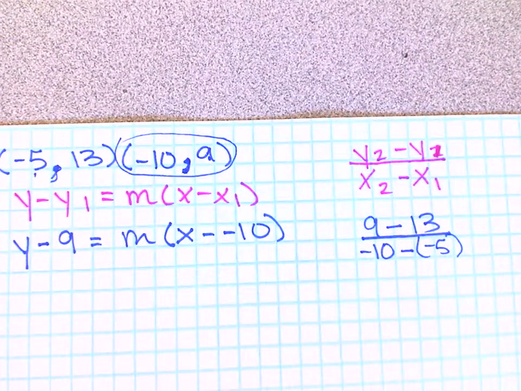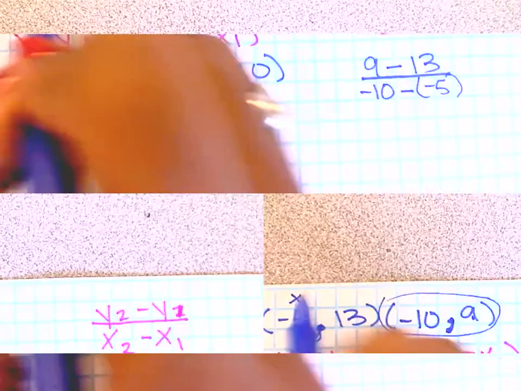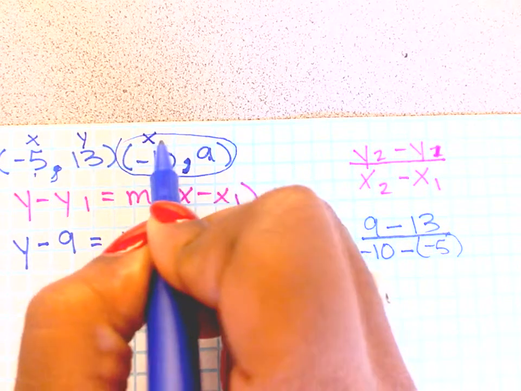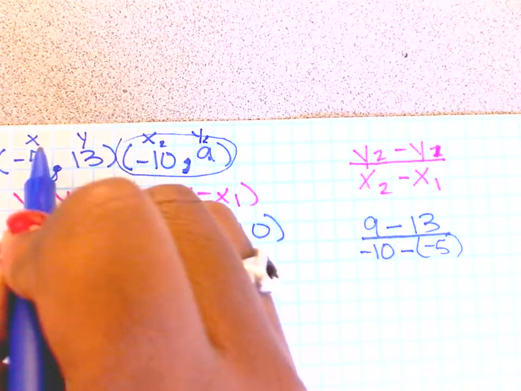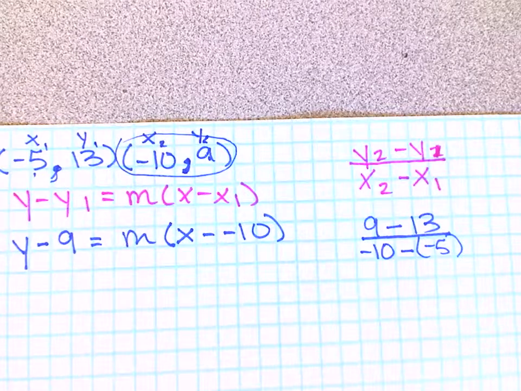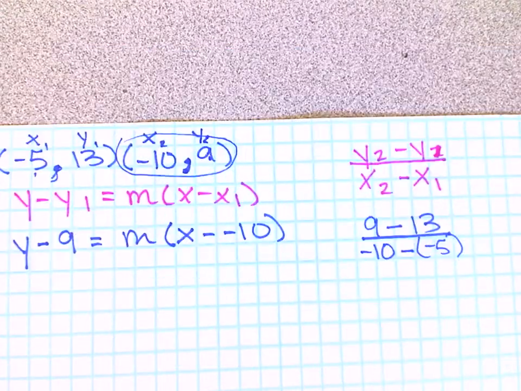You see where we got those numbers from? This is x and this is y. This is x2 and y2. Remember, that number just means this is your first coordinate that they gave you. That's why the 1 is under the x or y. The 2 means it's the second set of coordinates they gave you.